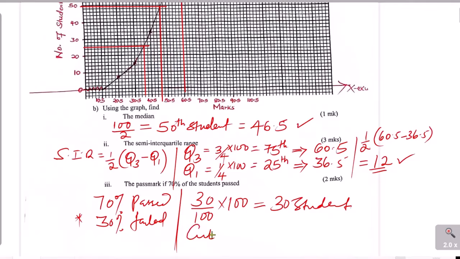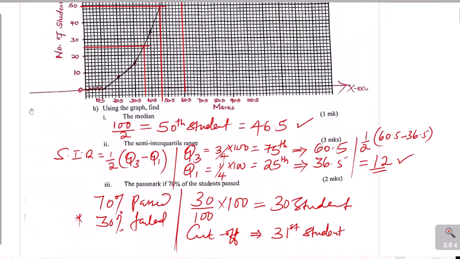The cutoff of the pass mark will be given by the 31st student. So if you get the mark obtained by the 31st student, that will be the pass mark if 30 students failed. From the first student all the way to 100, those are 70 students. That is 70% who will pass the exam.